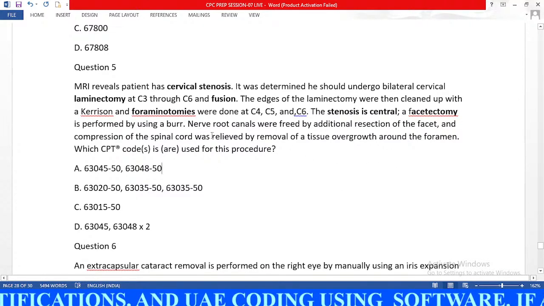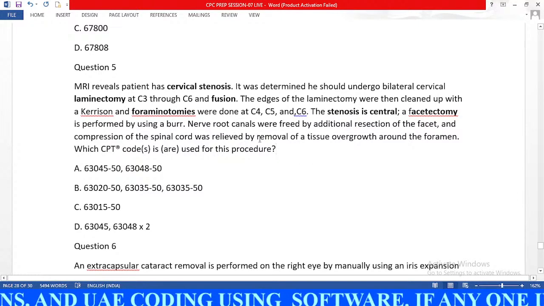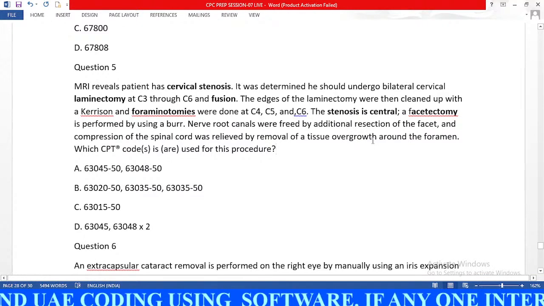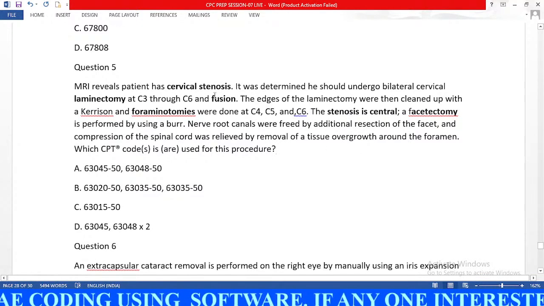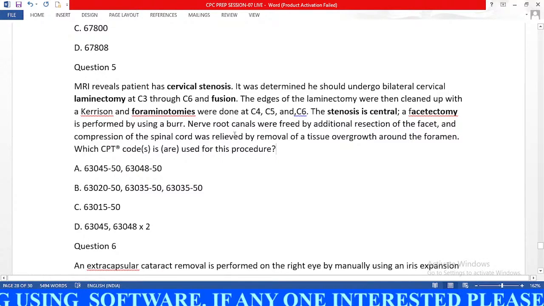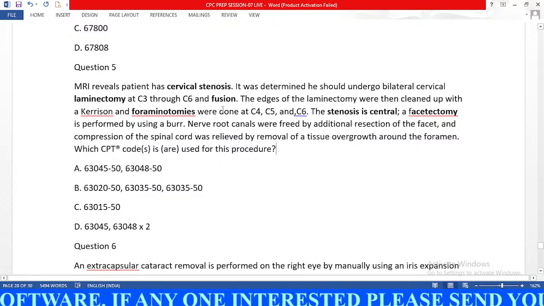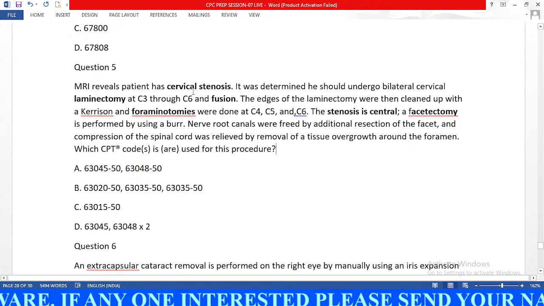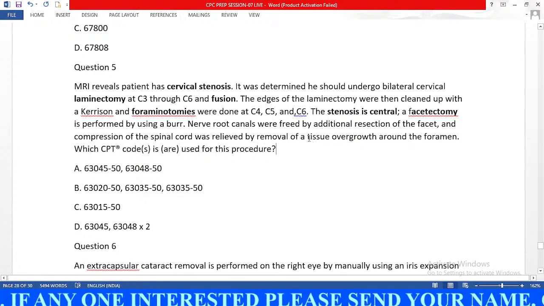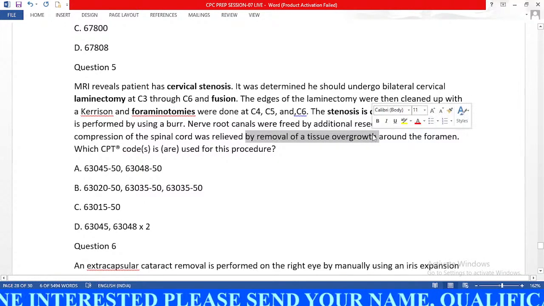Here indirectly, this is also decompression. So here the spinal cord was decompressed by removal of tissue overgrowth. As cervical stenosis occurred due to tissue overgrowth, the physician decompressed the cervical area by removing the overgrowth. This we also need to understand.